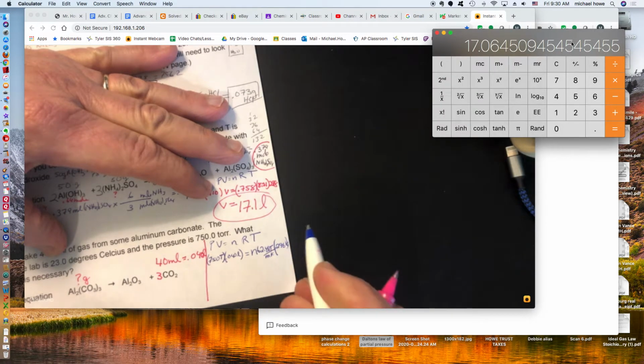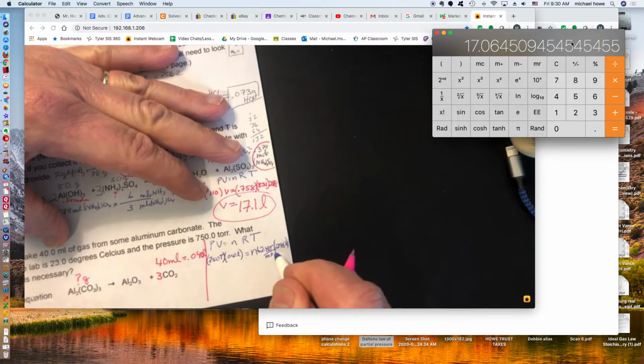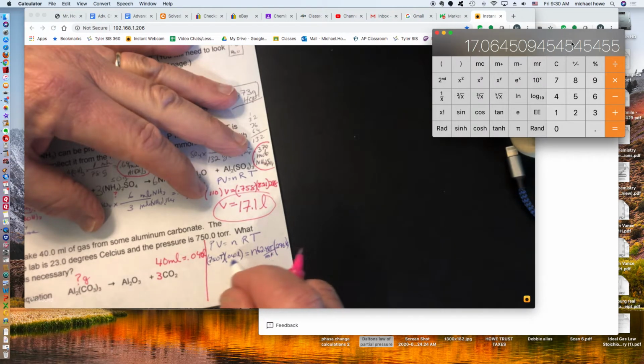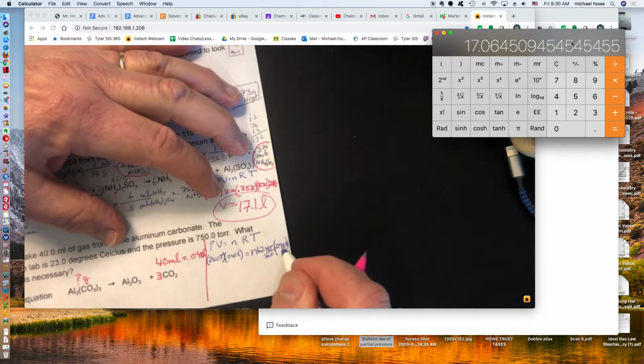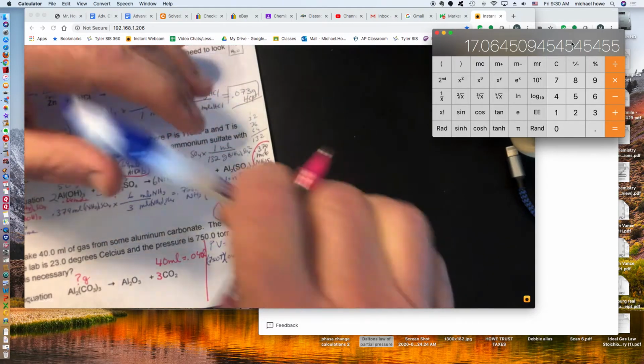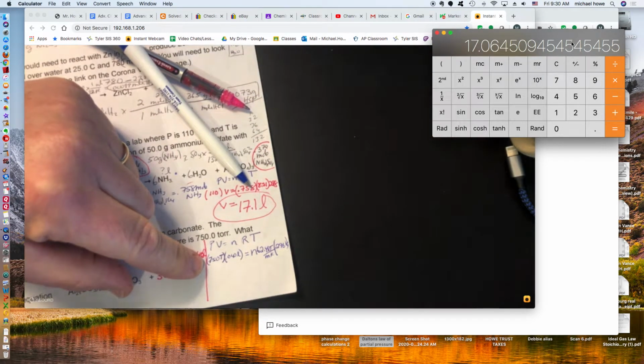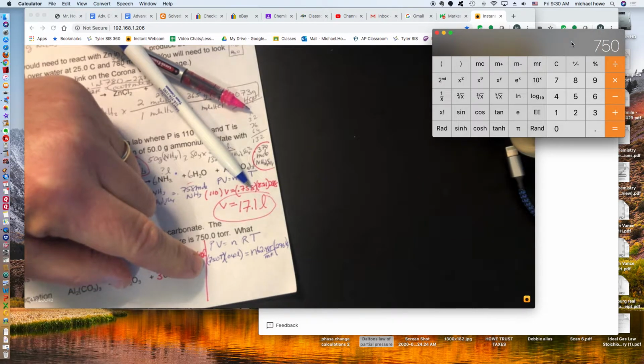All right, now how do you solve for n? Would you divide by the numbers that are on the same side as the n, or would you divide by the numbers that are on the other side? Well, you need to cancel these, so you have to divide by the numbers that are on the same side as the n. So to do this problem then, watch my calculator. I'm going to do 750 times 0.04. So that's 30.